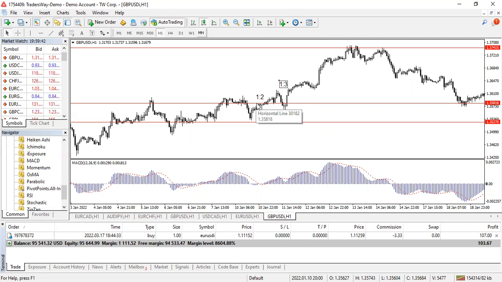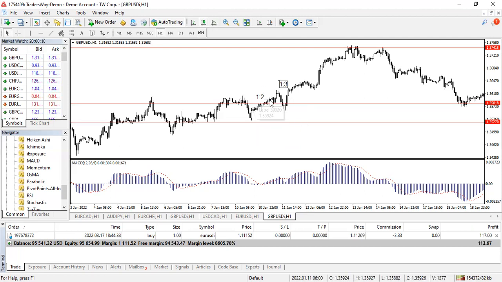So this is risk reward ratio. With 1 to 2 reward ratio, risking $50, you earn $100. If you are risking $100, you are trying to earn $200. When you are risking $200, you are trying to earn $400. When you are risking $500, you are trying to earn $1,000.